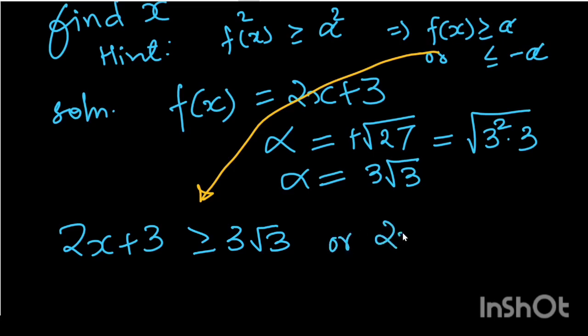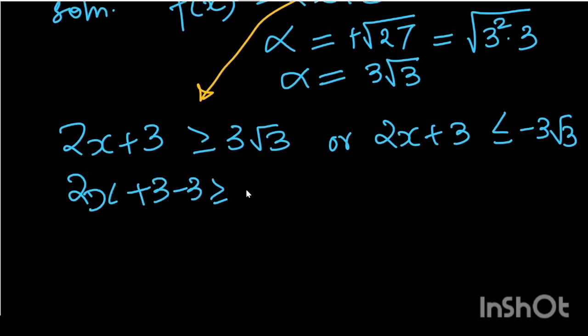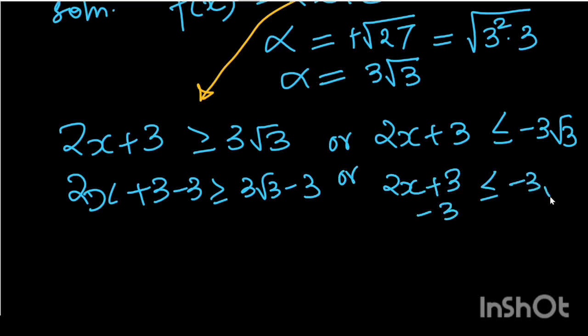Or 2x plus 3 less than or equal to minus alpha. So minus 3 root 3 we will write, guys. So adding minus 3 to both sides, 2x plus 3 minus 3 is less than or equal to minus 3 root 3 minus 3.